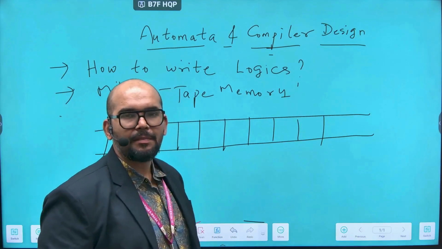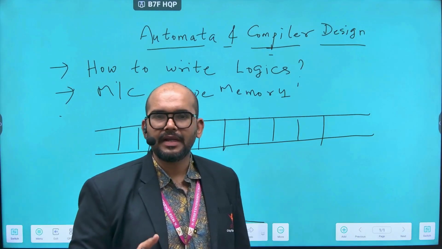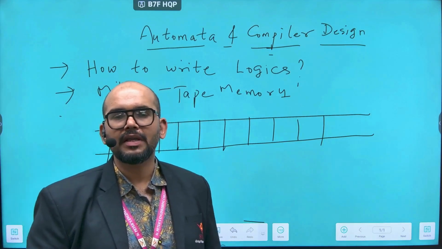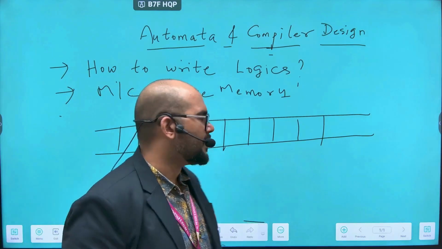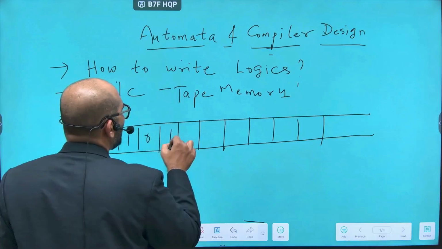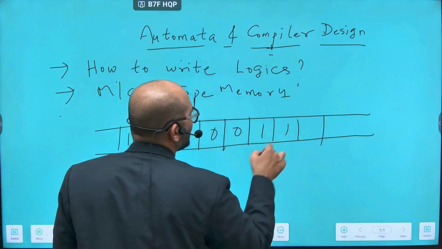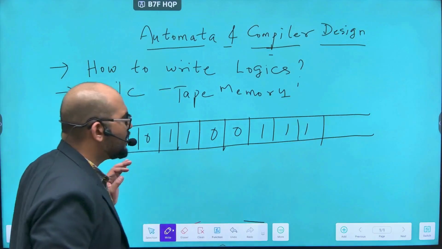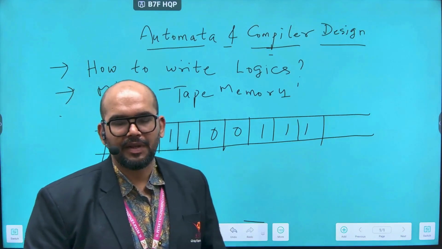As we have a tape memory, we can store our input symbols within this tape memory: 1 0 1 1 0 0 1 1 1. We just stored it in the tape memory.